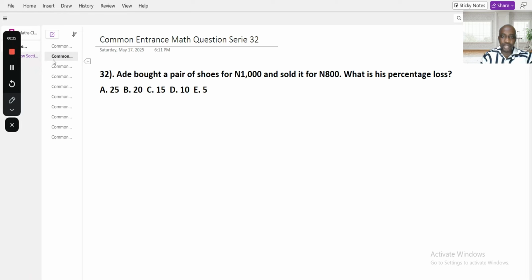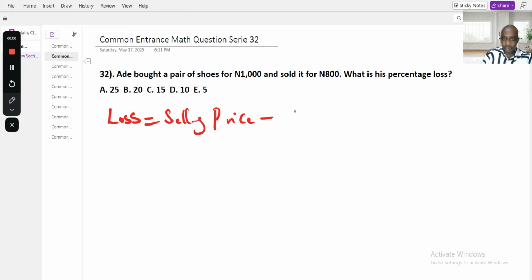Ade bought a pair of shoes for 1000 naira and sold it for 800 naira. What is the percentage loss? There's a loss here. To calculate the loss, it is selling price minus cost price.